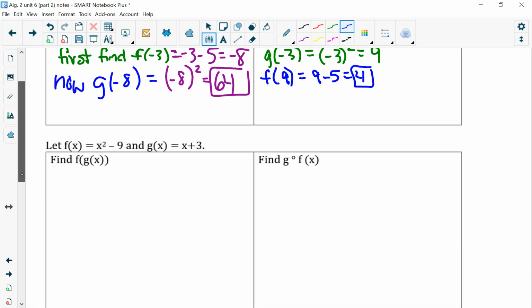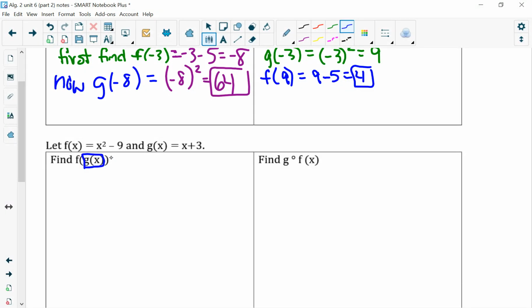All right, this next section is a little bit different. Here I want to find f of g of x. I always work from the inside out on these. What that means is I'm taking my g function and plugging it into my f function.